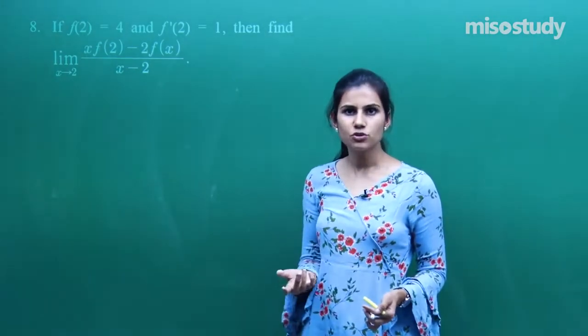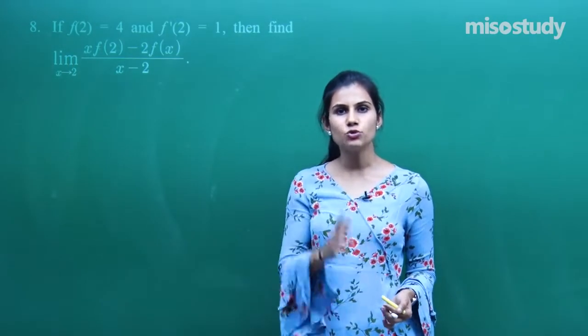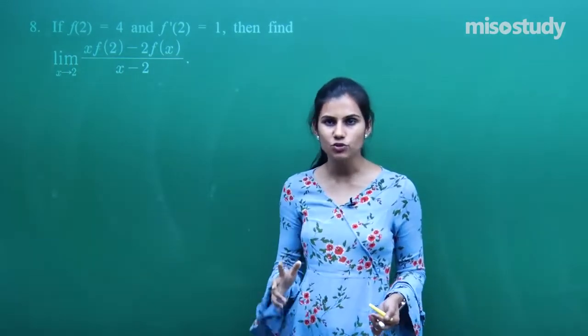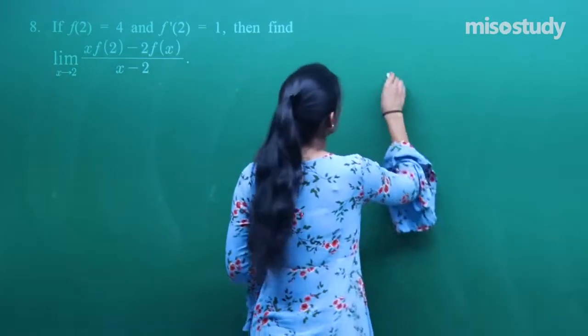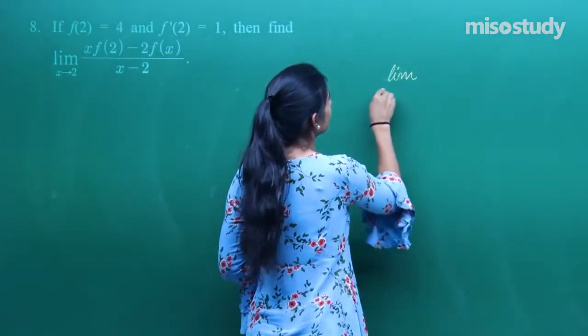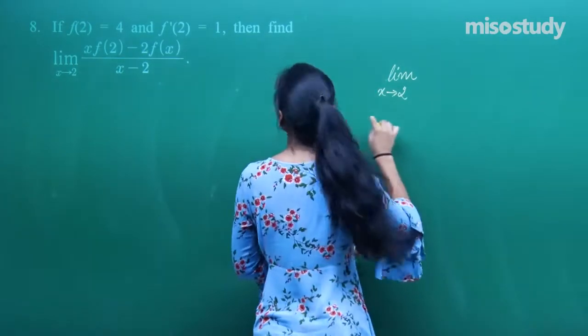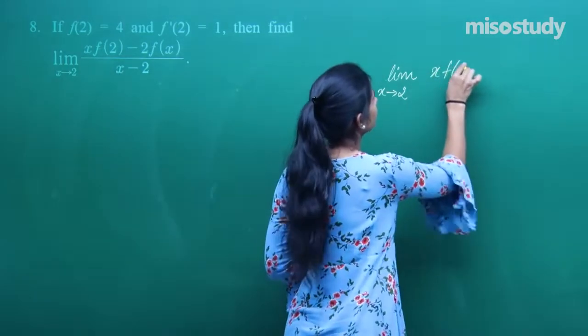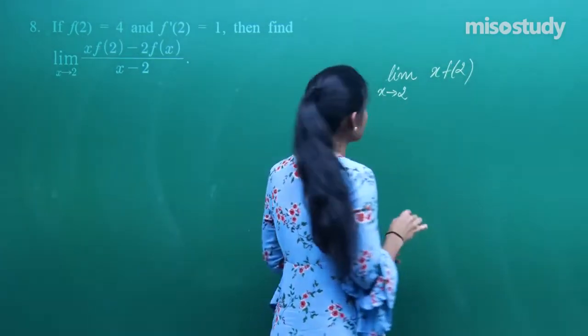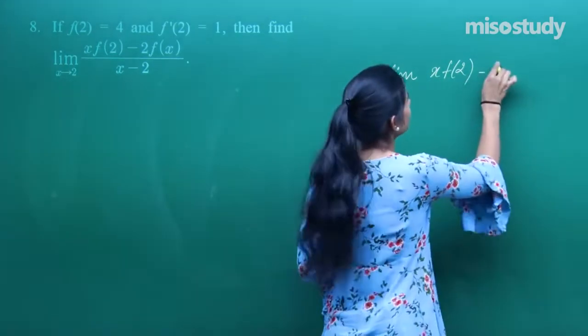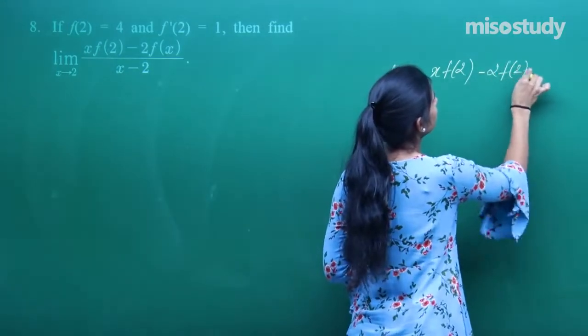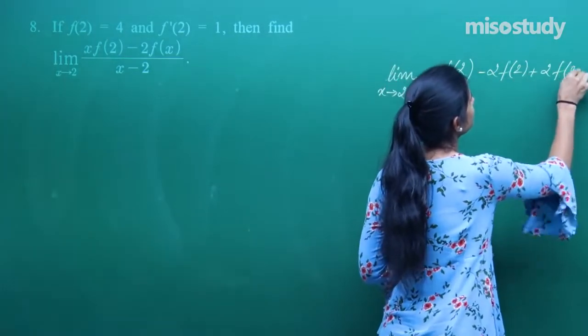This is what f dash 2 is. Somehow I need to create limit x tends to 2, fx minus f of 2 upon x minus 2, which is not here. So what I do is limit x tends to 2, x f of 2 minus twice fx; I subtract 2 times f of 2 and add 2 times f of 2.